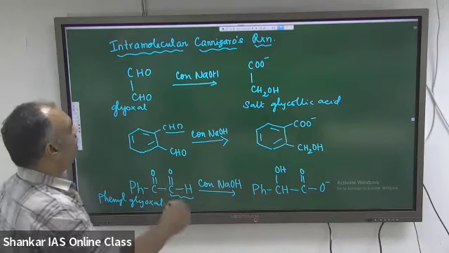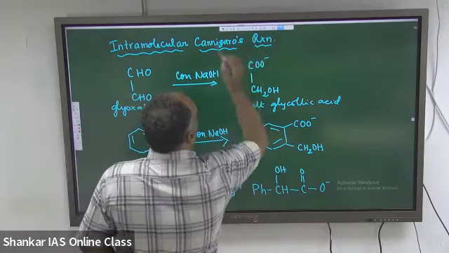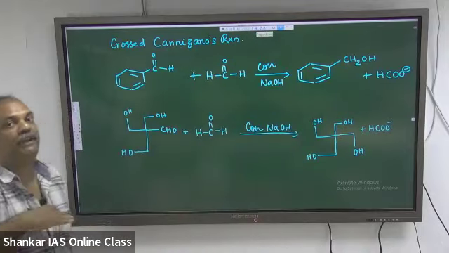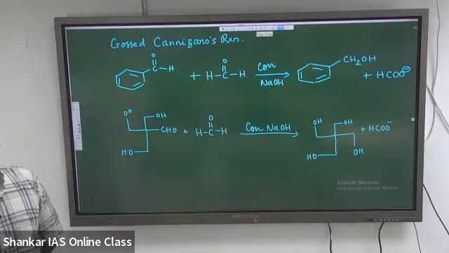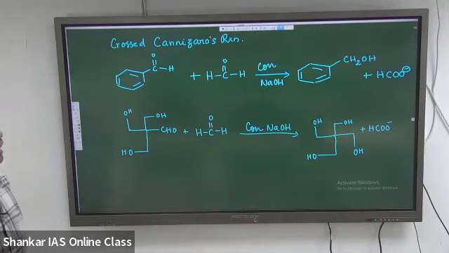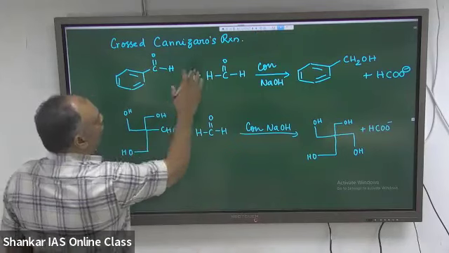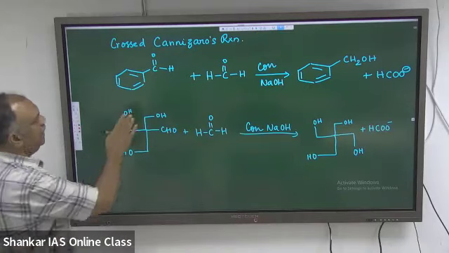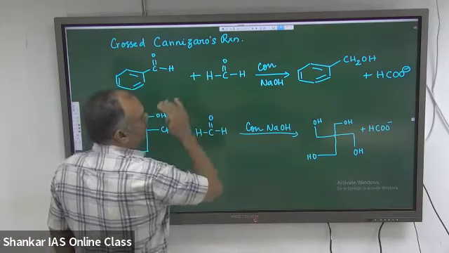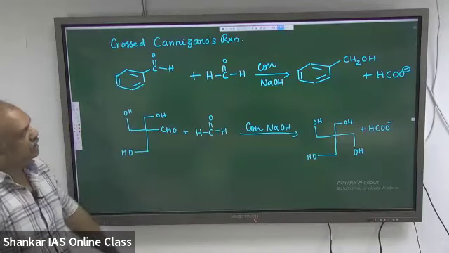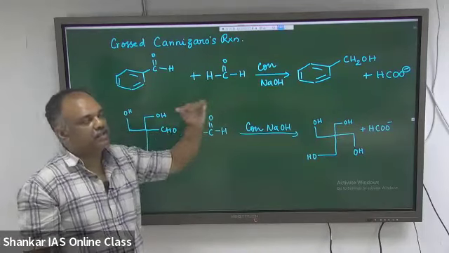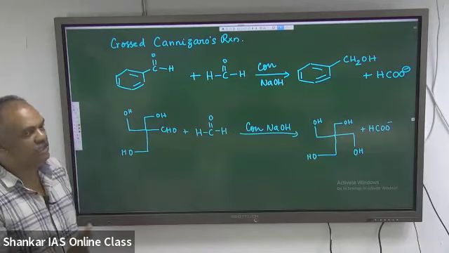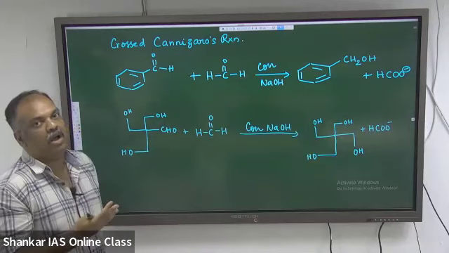Now, another variant is what happens when you use two different aldehydes which do not have alpha hydrogen. That is called crossed Cannizzaro reaction. Here I am taking benzaldehyde and formaldehyde, and I am going to treat them with concentrated NaOH. Which aldehyde is going to get oxidized?